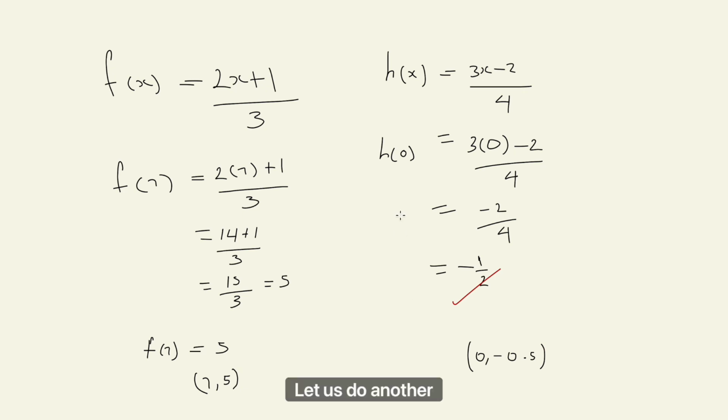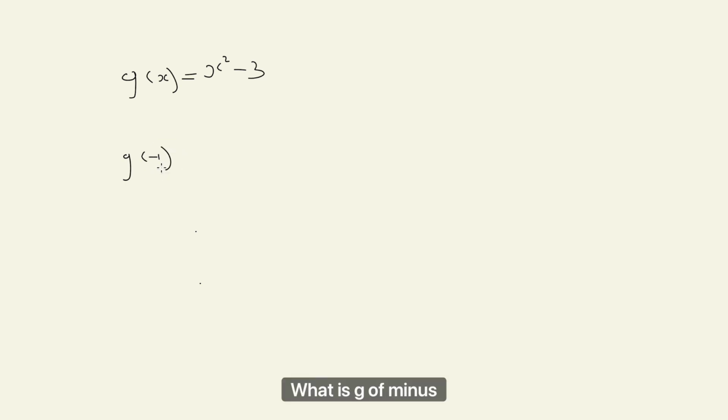Let us do another example. Now, given that g of x is equivalent to x squared minus 3, what is g of minus 1? Again, simple substitution.